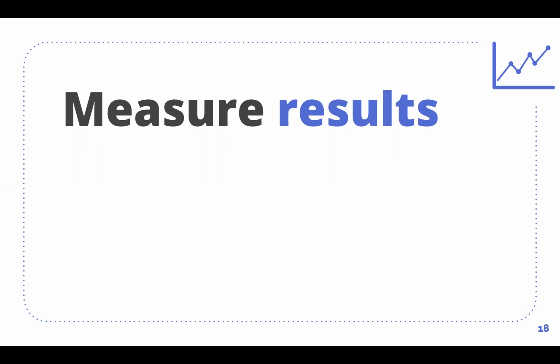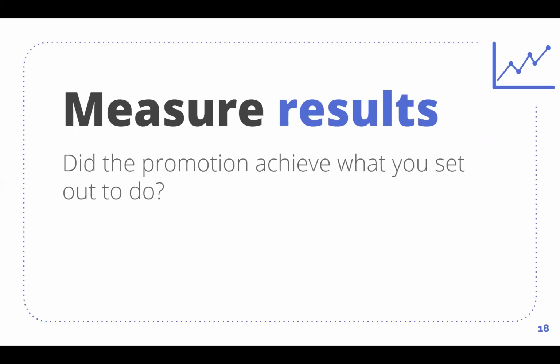And so with that said, the promotion should have its own landing page, its own forms. And so you know if someone came in through that promotion versus something else. So just make sure you keep that promotion separate so you're able to measure the results. And then you can determine if the promotion achieved what you set it out to do.